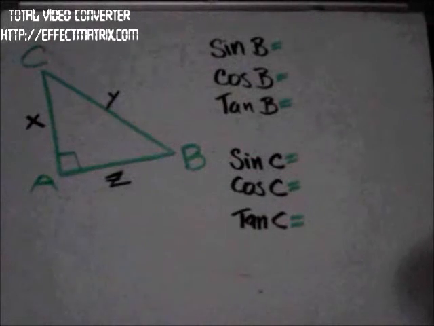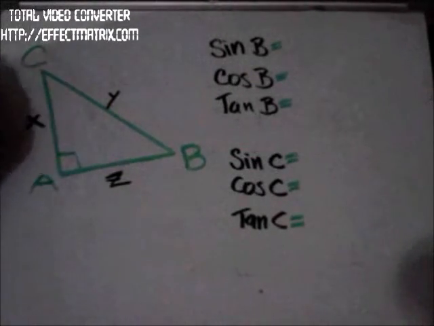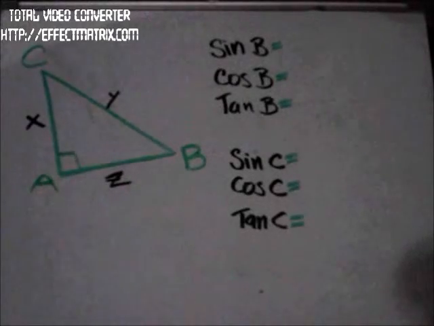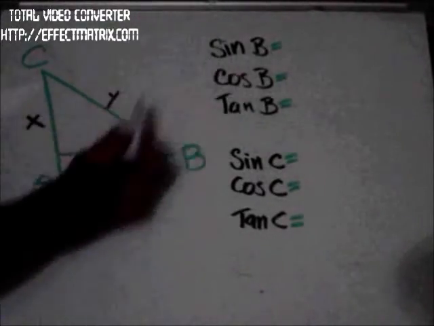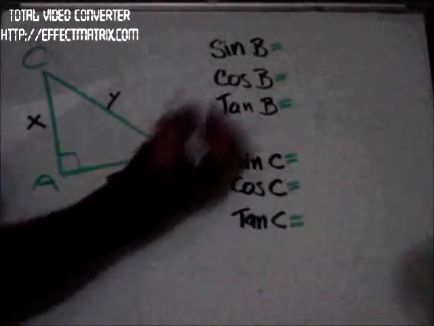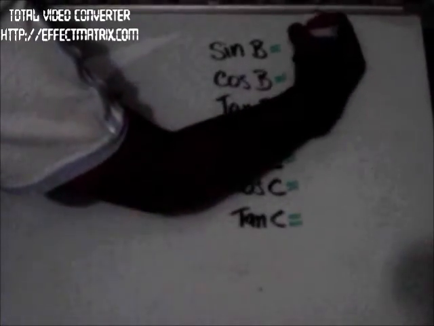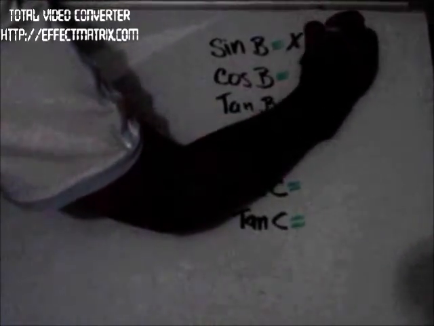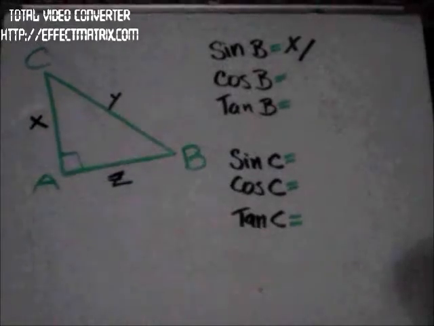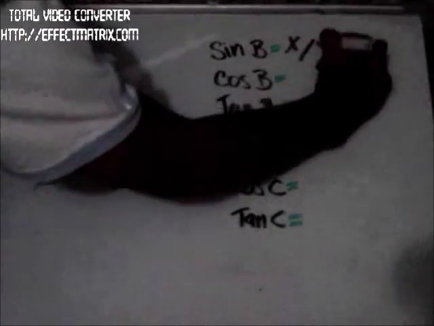We can find sine of B. Sine is defined as opposite over hypotenuse. So, the opposite of angle B is X, over the hypotenuse, in this case, Y.